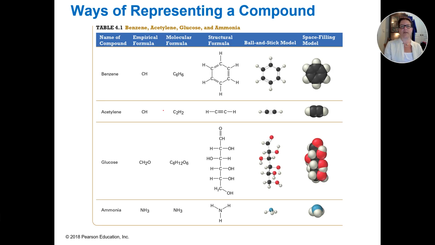So this is just, again, a summary of the different ways that we can write different things about a compound. Obviously, the name, in here, we'll focus on the IUPAC system of naming. When you get to organic, you will need that, as well as what I refer to as the common name or the street name. So here we can just write the empirical formula, molecular formula.